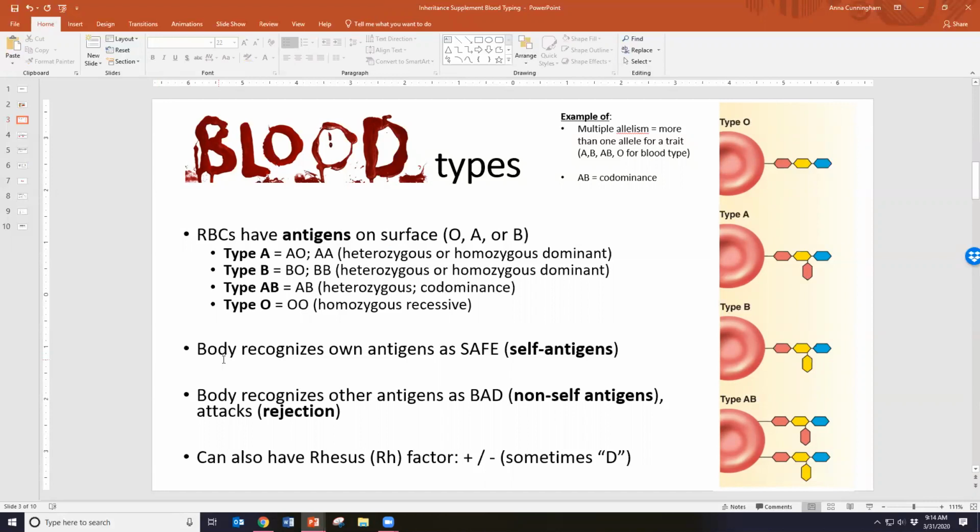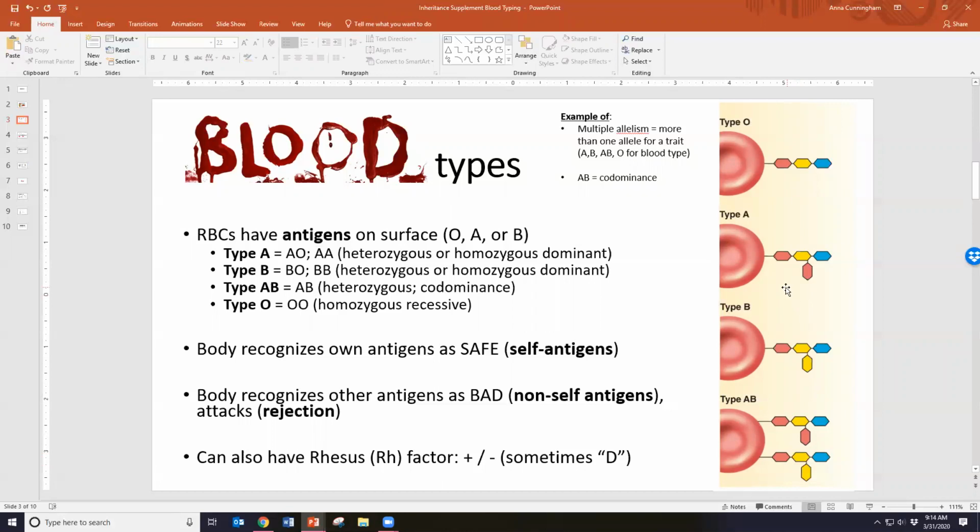So you can sort of see off to the right, hopefully everybody can see this, what we're talking about when we're talking about A, B, and O. What we're talking about is what are called antigens on the surface of these cells.